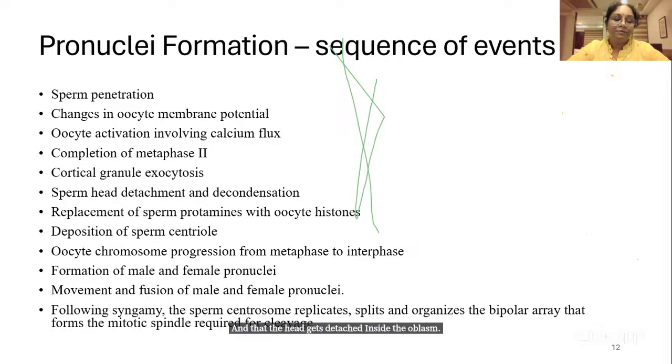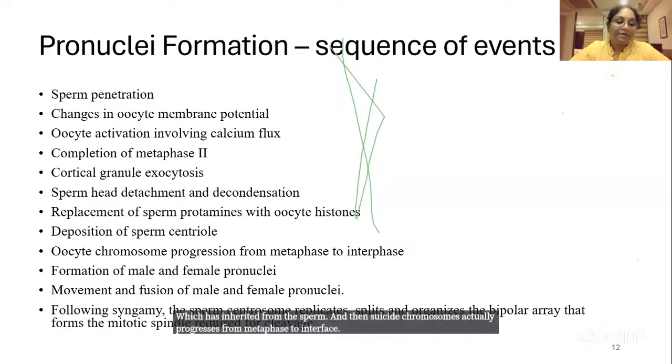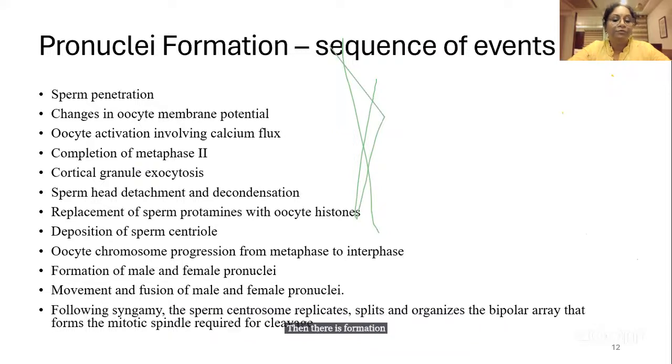Now, the sperm protamines are replaced with histones from the oocyte. The sperm centriole gets deposited. We all know that the centriole is the only organelle, apart from the nucleus, which is inherited from the sperm. Then the oocyte chromosomes progress from metaphase to interphase. Then there is formation of the male and the female pronuclei.